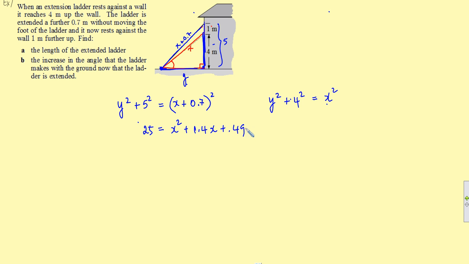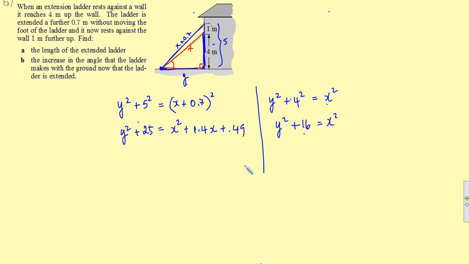Okay, so that would be my first equation, y squared plus 25 equals x plus 0.7 squared. My second equation would be y squared plus 16 equals x squared.